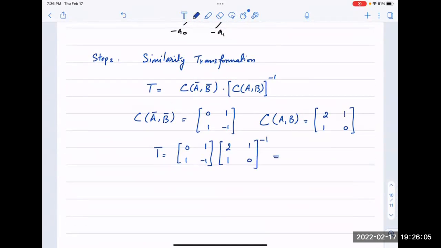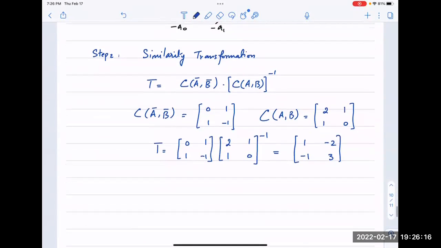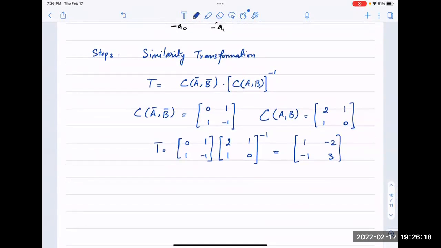Eventually, if you do it, this goes to be [1, -2; -1, 3]. So that's the transformation. And the next step is to solve the pole placement problem in the canonical form.